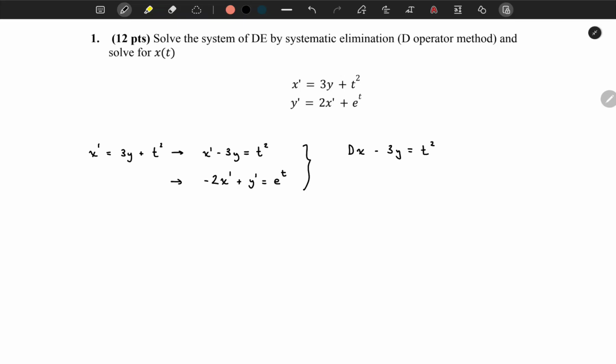We've changed our first equation into the d-operator form. Now we have negative 2x prime, so negative 2Dx, plus y prime, which is Dy, and it's equal to e to the power of t. So now we have both of our equations as such. Let's copy this down.